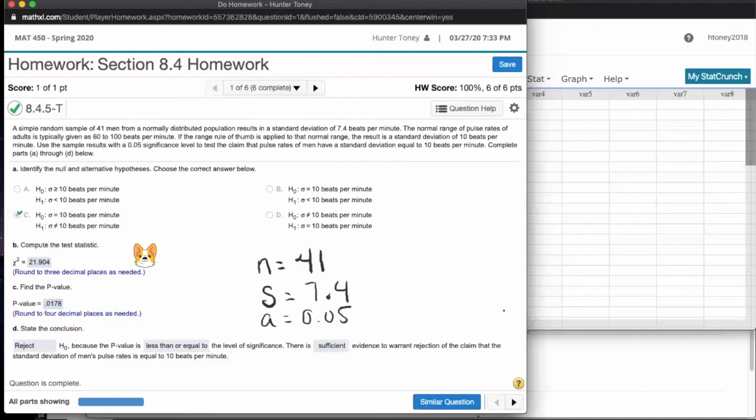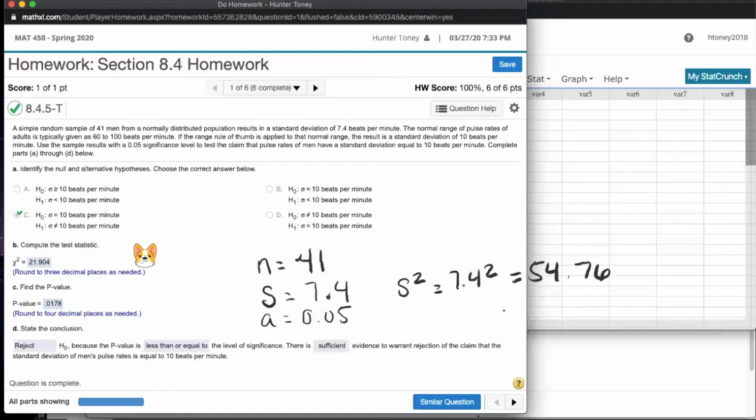So if we were to take s squared, it would give us our variance. So if we took 7.4 squared, it would be equal to 54.76. So our variance for the problem would be 54.76, which we'll need to use if we want to use StatCrunch as opposed to using a calculator.